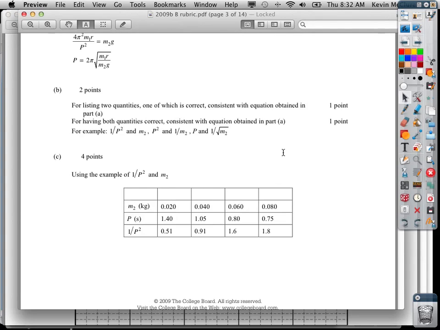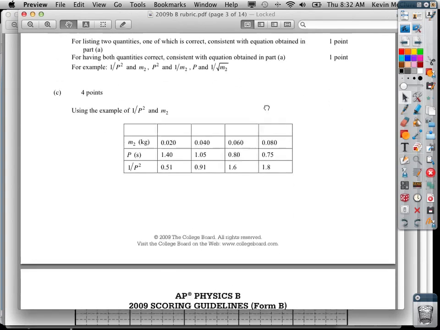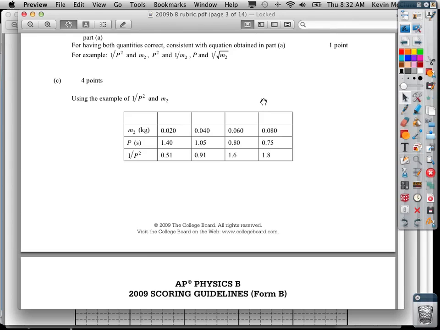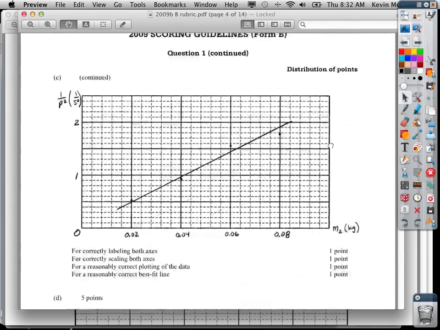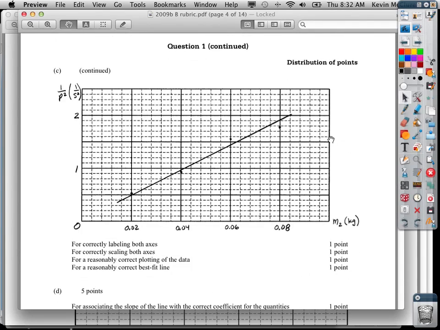They took 1 over P squared, and then they took M2. M2 is the obvious choice, but the 1 over P squared, that's sneaky. That's a little tricky. And then you just put it on the graph.